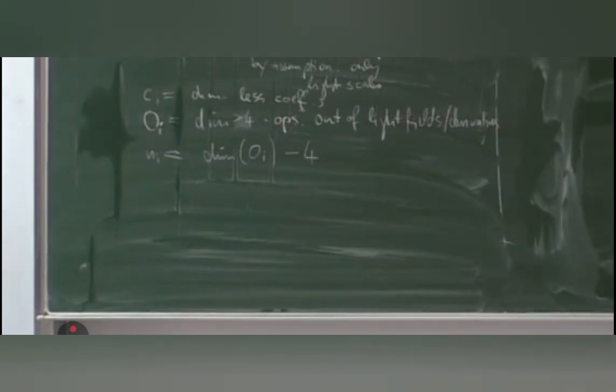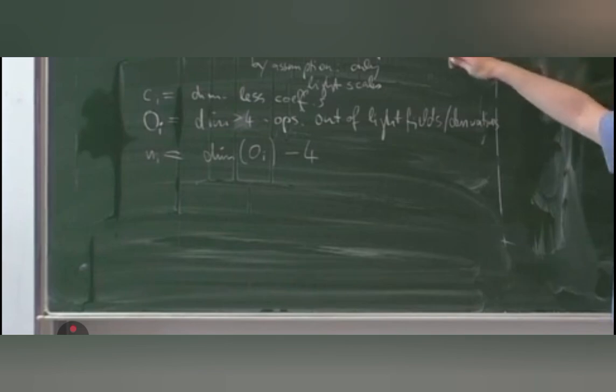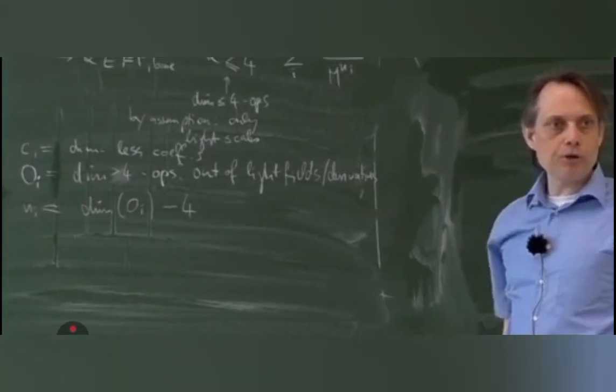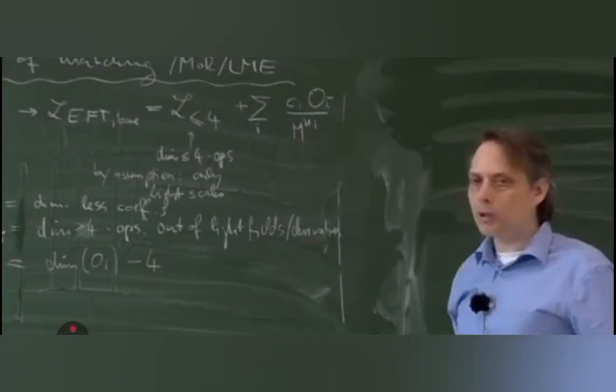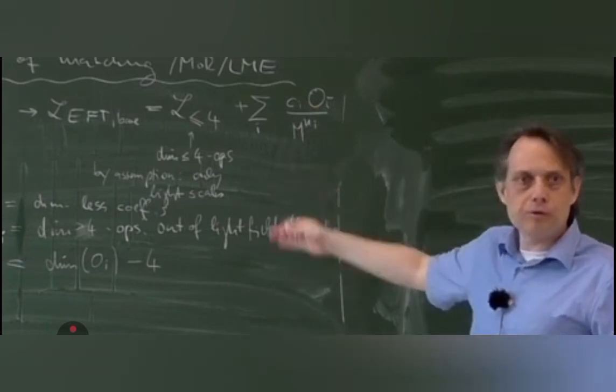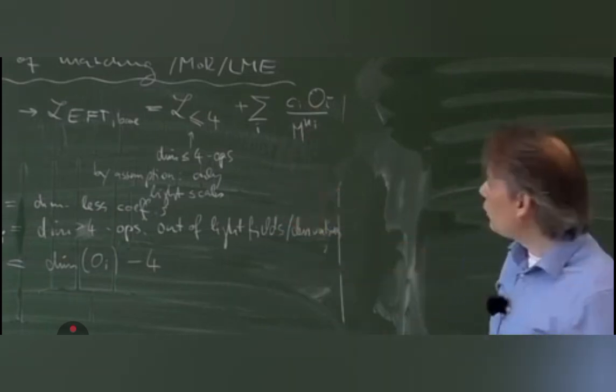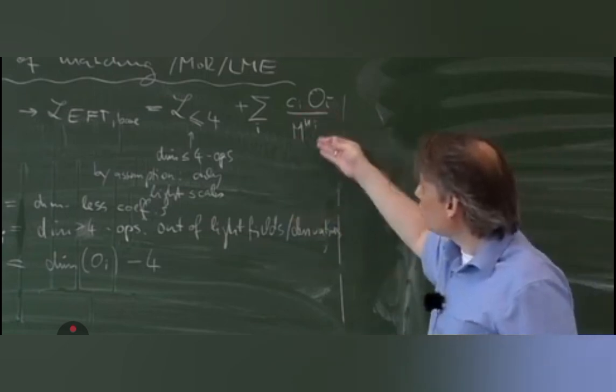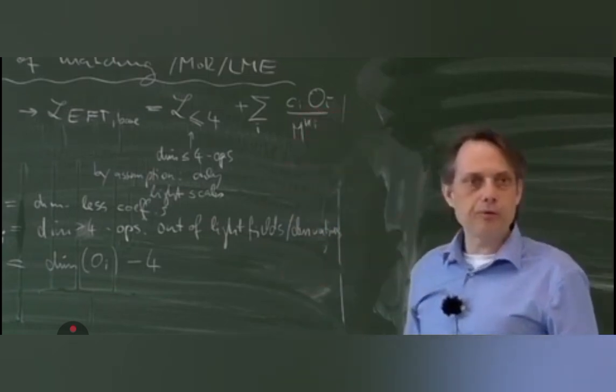So all of the higher dimensional operators are systematically mass suppressed, and the higher the dimensionality of the operator, the higher the power of the masses in the denominator becomes. And that is why the effective field theory provides a systematic, basically Taylor expansion in powers of the heavy mass suppression.